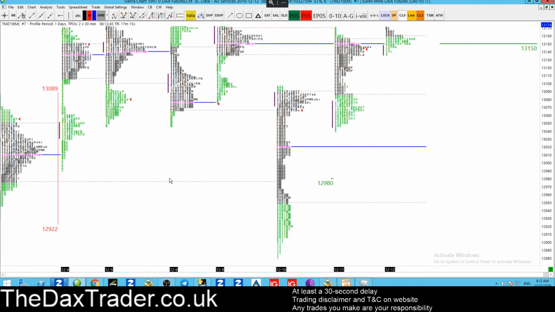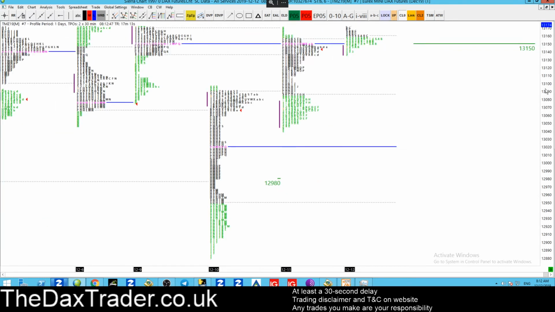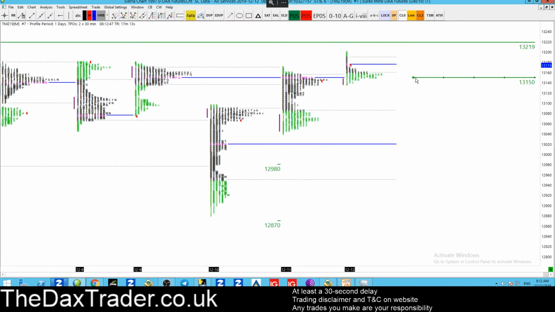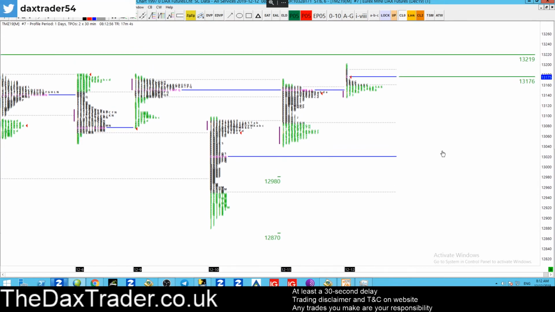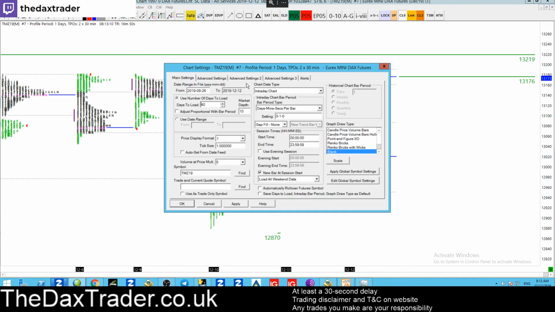So technically, these numbers would be slightly different. If I just go and add back in the Asian session, you'll notice that the numbers are slightly higher. The reason I use the 8 o'clock numbers is because the overnight session doesn't have a huge amount of volume. It spends a lot of time trading, and obviously this is a time-based tool, but it doesn't spend a lot of volume here, so I don't tend to use those numbers to do my point of control calculations.